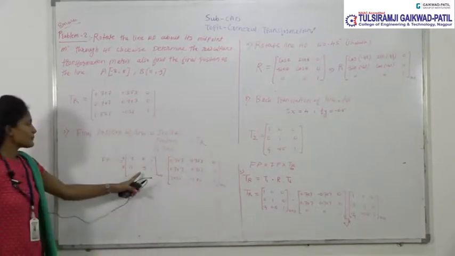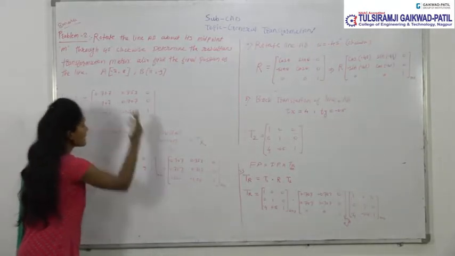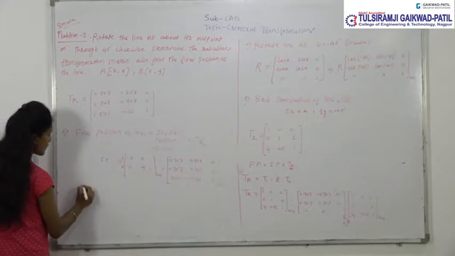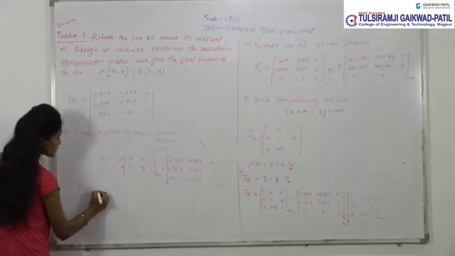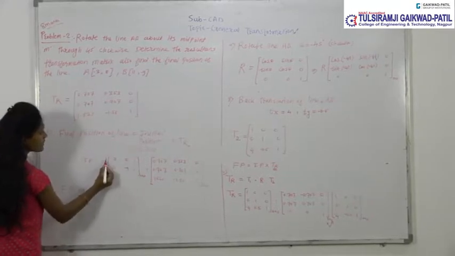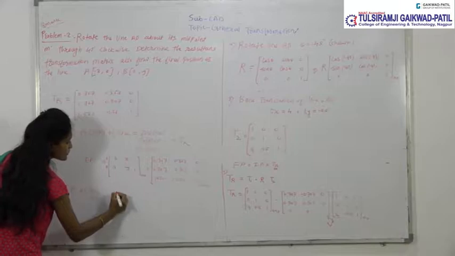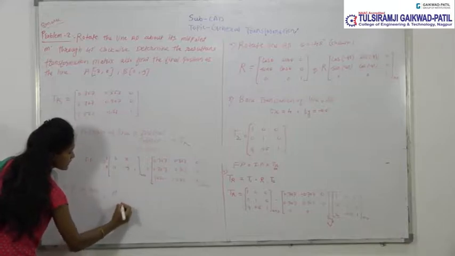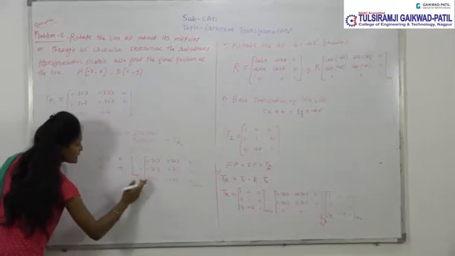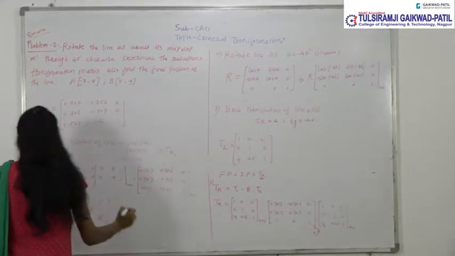After multiplying these two matrices in the calculator, we will get the final position of line. So finally the final position of line AB, the initial position we denote as A and B. Here the final position is denoted as A dash and B dash.